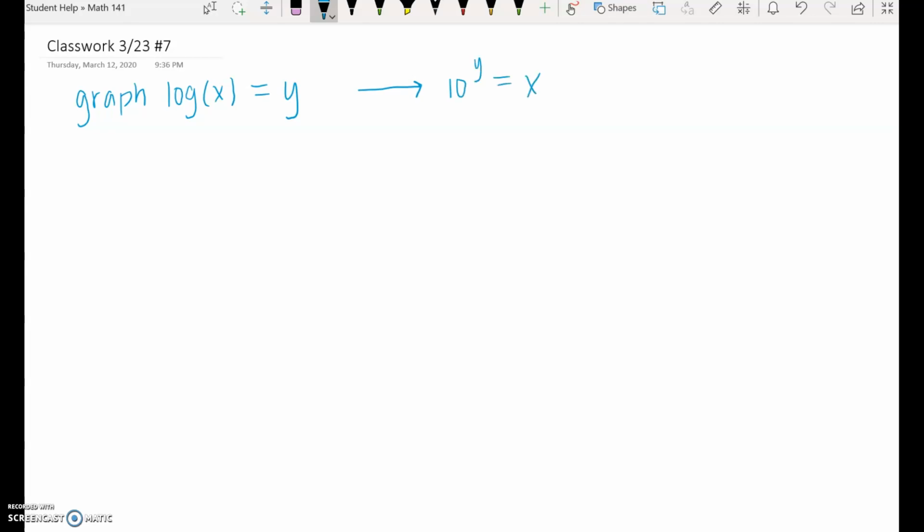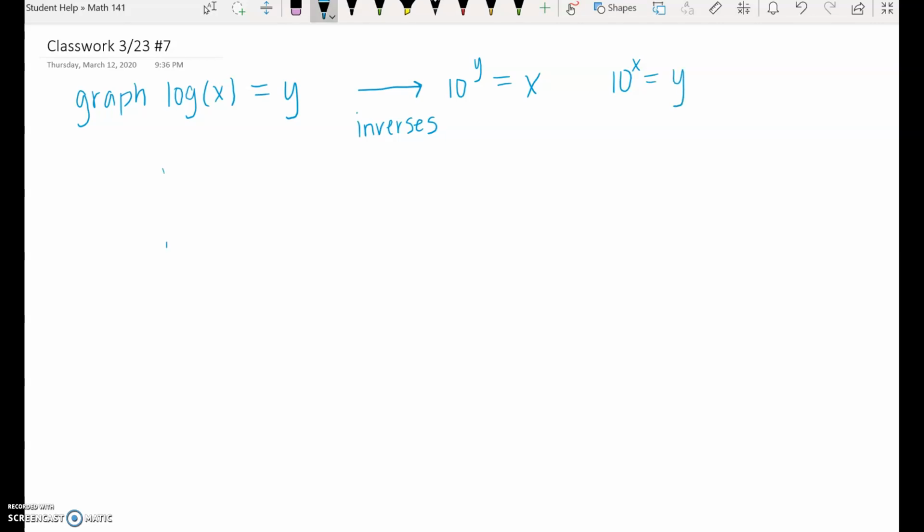When there's no base written, then it's inferred that that's base 10. Because these are inverse functions, the way that we would have seen this before we went on break would be x and y being interchanged. So we would have had 10 to the x power equals y.